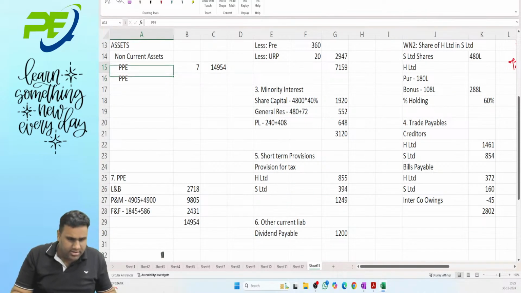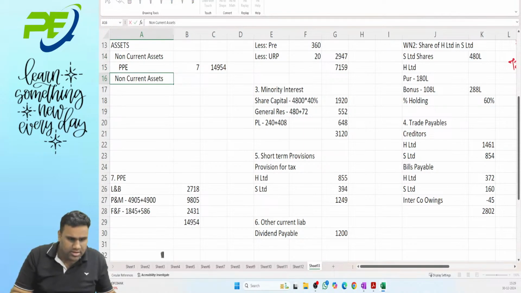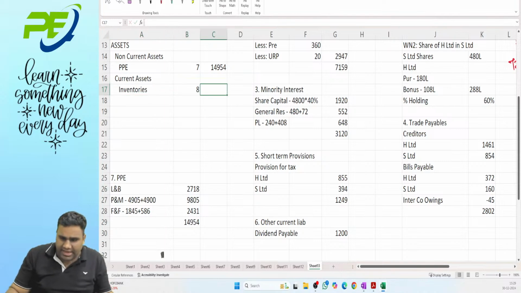But before that, current assets. Under current assets, inventories, note number 8.